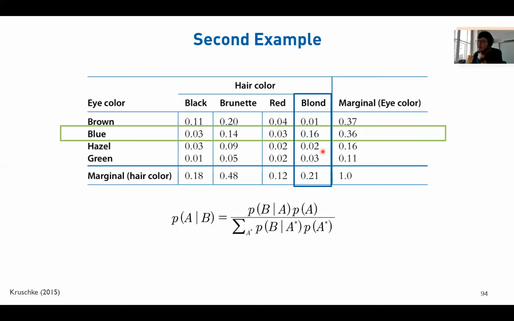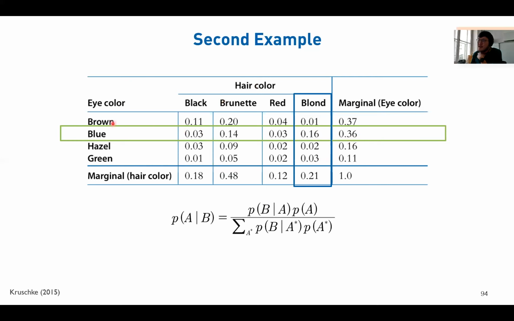Okay, so if you want to calculate, all of them have to sum up to 1. That's the way it is. And they do sum up to 1. Now consider each row. Let's say I'm focusing on eye color being blue, irrespective of the hair color: black, red, blonde, and so on. If we sum these 4 numbers up, we get the marginal probability of eye color being blue, okay?